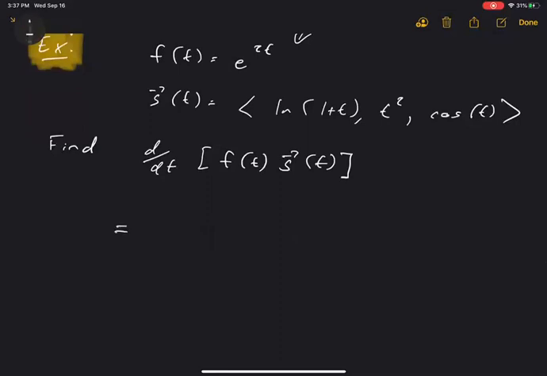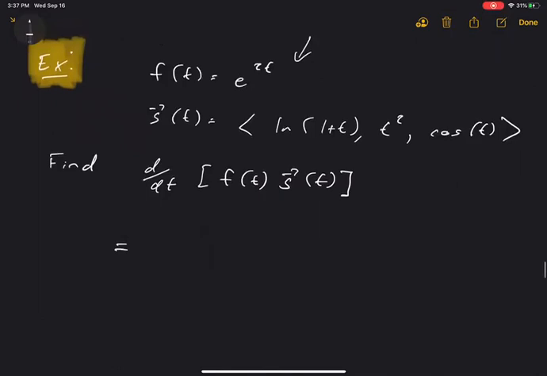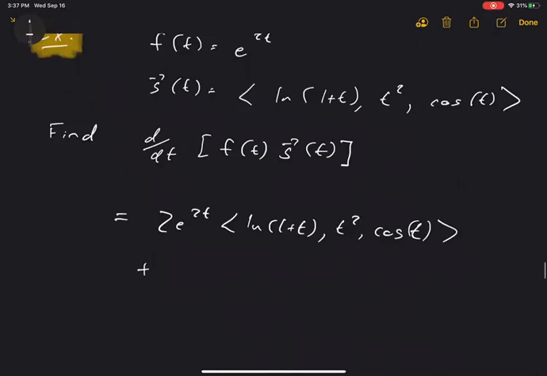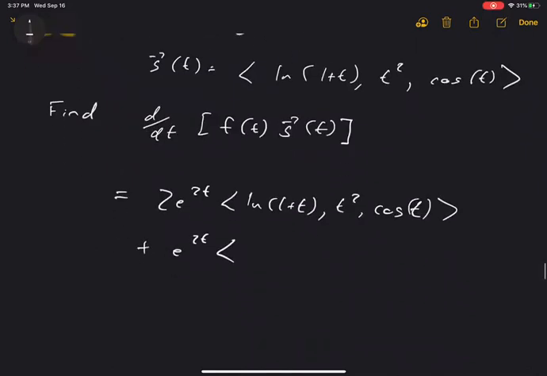Using the product rule, f prime would be 2e to the 2t times s. This is scalar multiplication here. Then I add e to the 2t times s prime, which would be 1 over 1 plus t, 2t, negative sine of t.